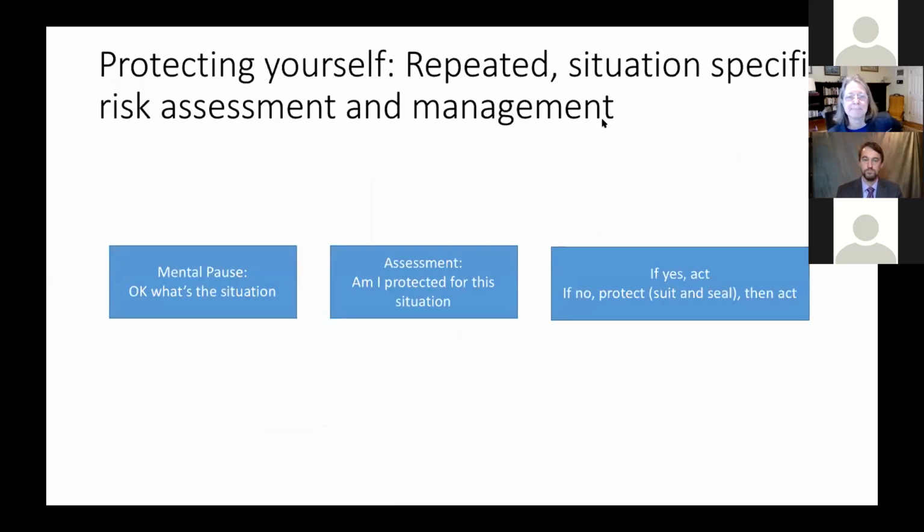And again, I showed a minute ago how the droplets can land and they can also be dispersed. And so once again, mental pause. Okay, what's the situation? Am I protected appropriately? If yes, act. And as it becomes a habit, you will do this fast and quickly, just like Steph Curry can launch a basketball so quickly and so perfectly.